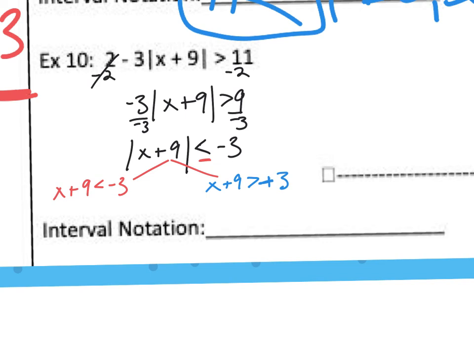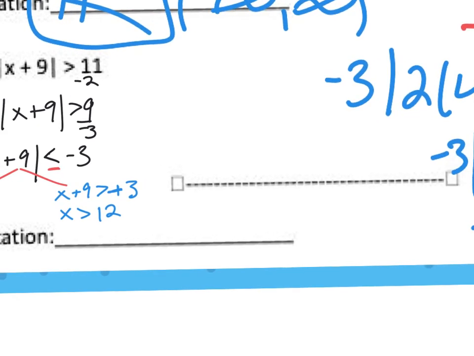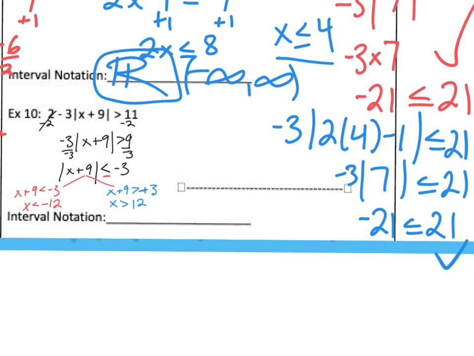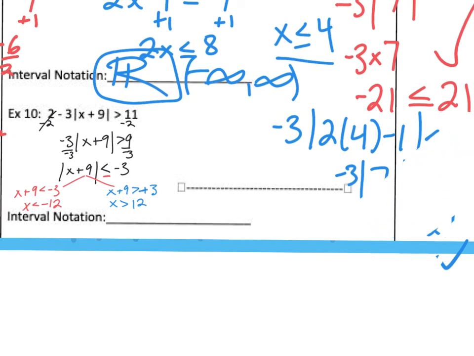Okay. Solve them, subtract 9, we get x is less than negative 12. X is greater than 12. Okay. Graph it, see what we get. I'm going to need to erase some stuff from the previous problem so I have my room back.